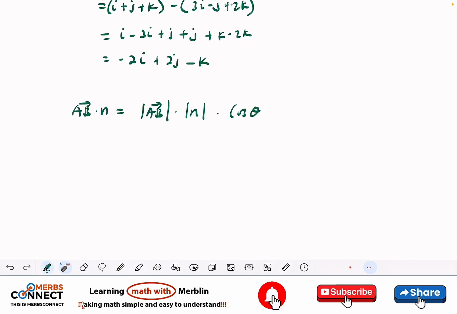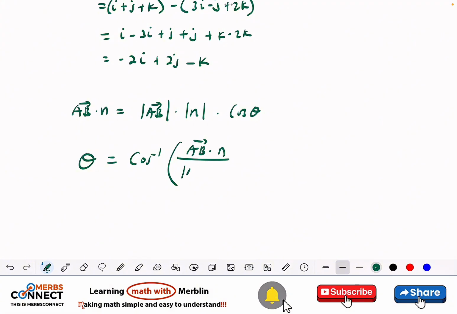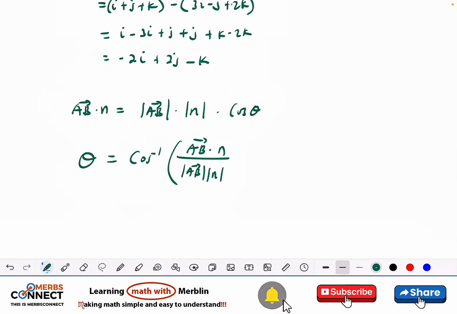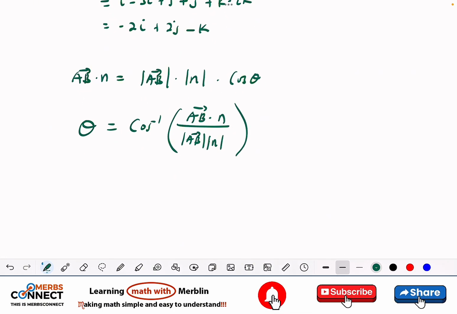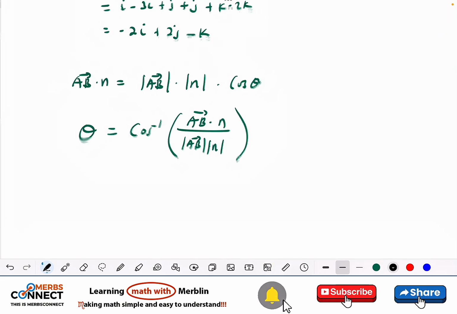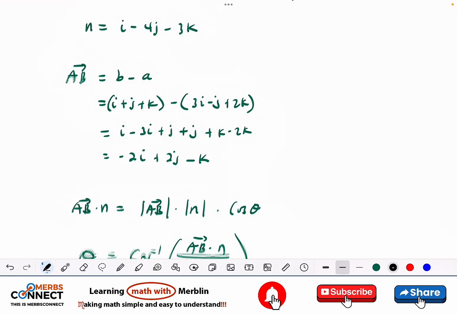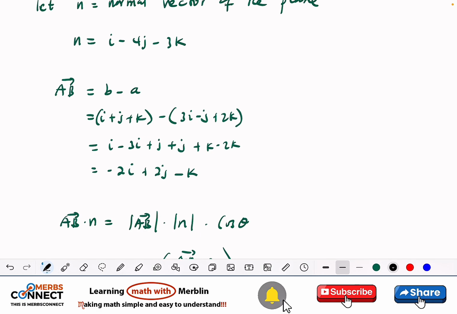So what will be theta? The same idea: theta will be cos inverse of AB dot n divided by the magnitude of AB and the magnitude of n. All we need to do is dot them, find the magnitudes, and then put it on the calculator, then you are done. It's very simple.